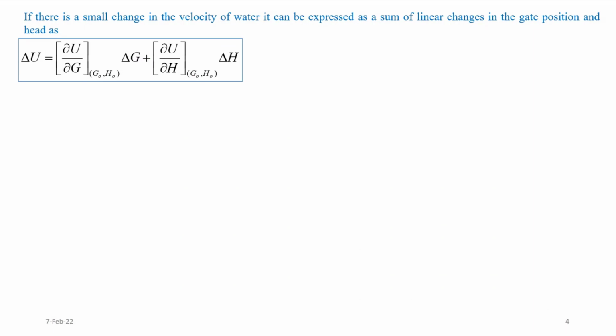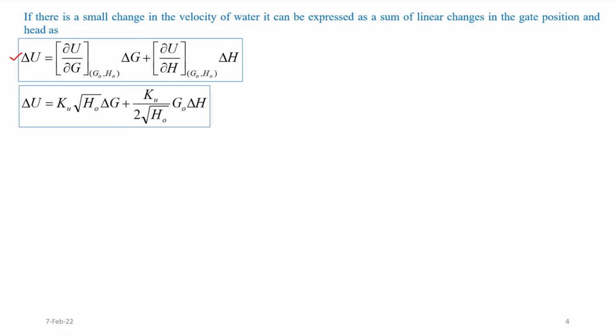So this equation, if we linearize with a small change of velocity, right? So with a small change of velocity, I can write delta U equal to the partial derivative of U with respect to G evaluated at G naught, H naught, into delta G, plus the partial derivative of U with respect to H evaluated at G naught, H naught, into delta H, right?